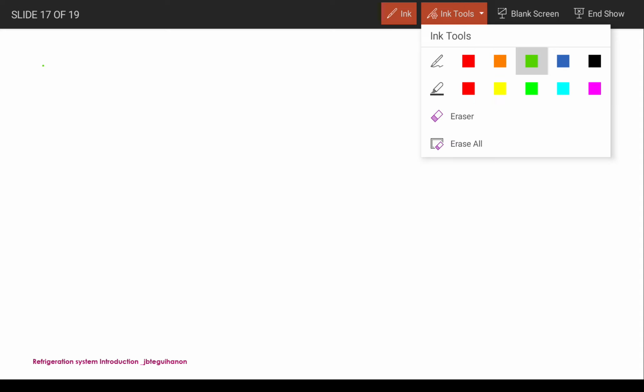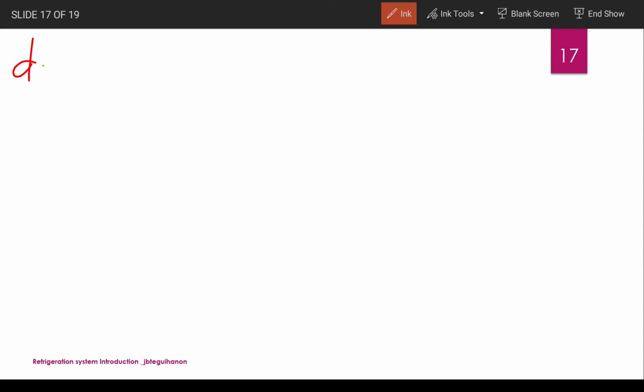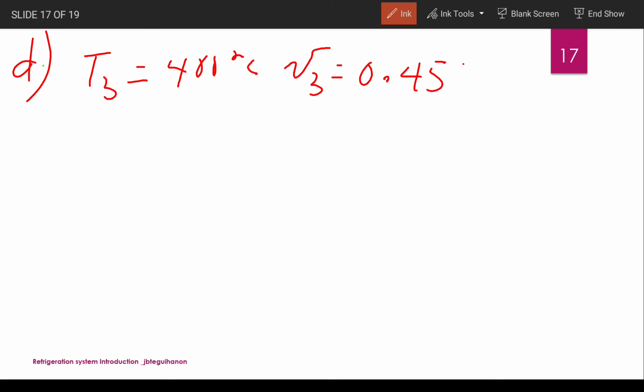So using temperature 3, we are now solving D here. Temperature 3 is actually given as 400 degrees Celsius. And of course, we're also gonna use the specific volume 3, that is actually 0.458. And then we're gonna interpolate.